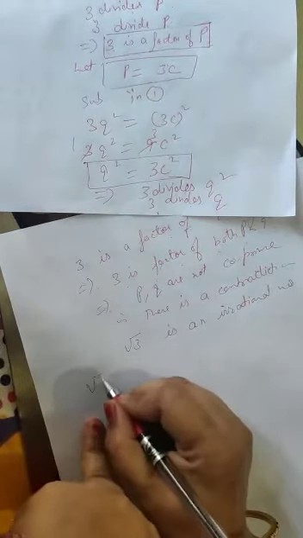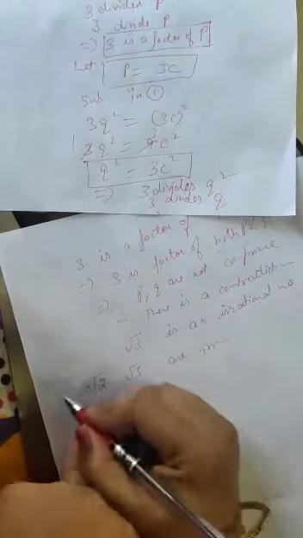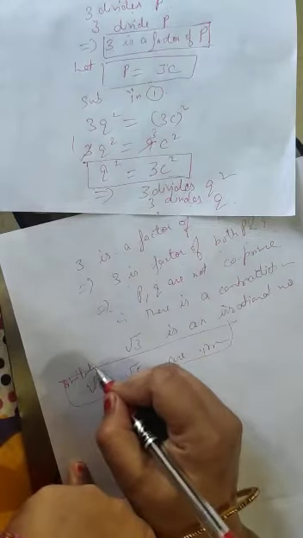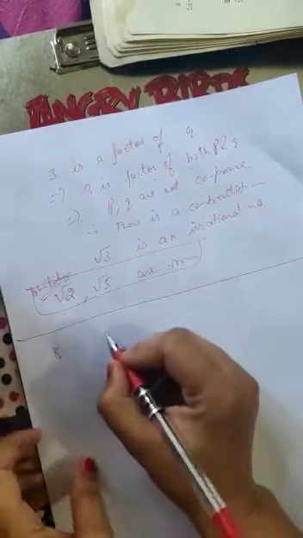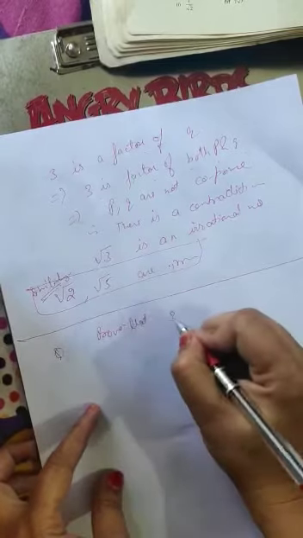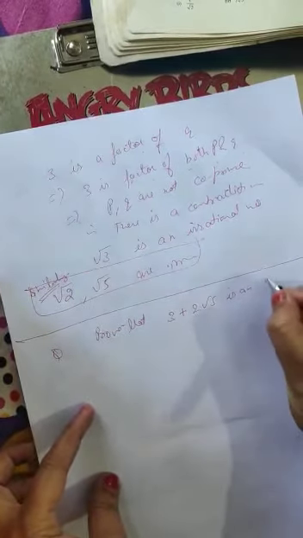Similarly, we can prove that square root 2 and square root 5 are irrational numbers. Okay, now let us take a question: prove that 3 plus 2 square root 5 is an irrational number.